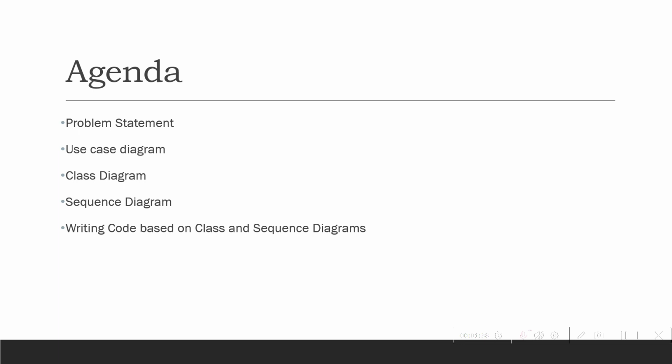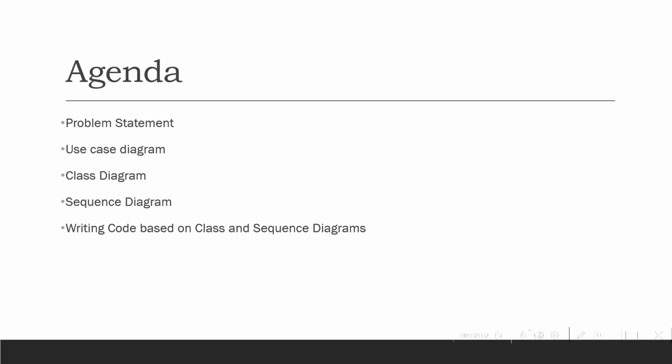Then, in the analysis and design, what you are going to do is first analyze the problem statement, then create the use case diagram. Once the use case diagram is done, you have understood the requirements, right? Then we need to do a design, so the class-level and the sequence diagram.